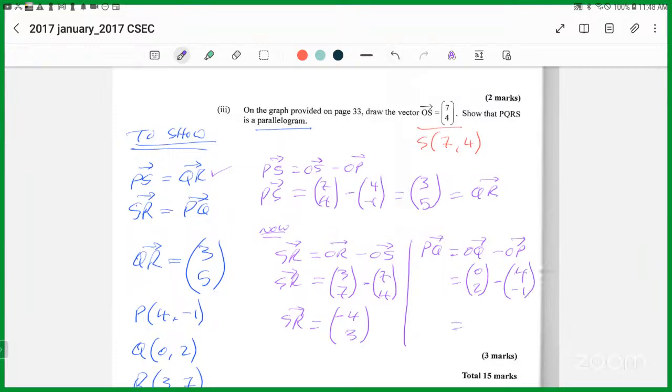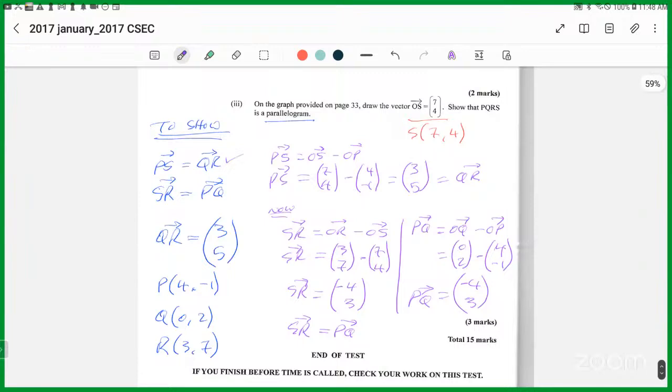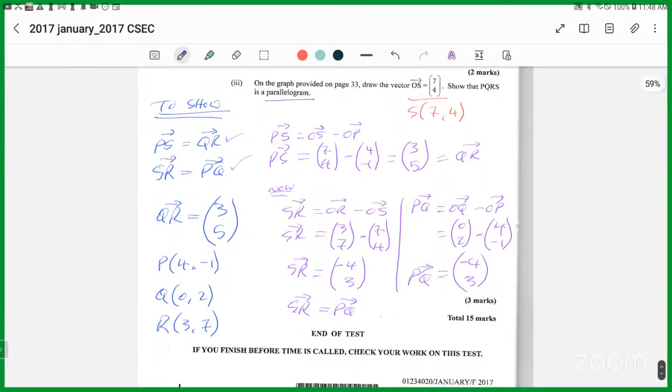And this will equal to -4, and as minus becomes a plus, 2 plus 1 is 3. And so we have a second thing. Look at it: the SR is equal to the PQ. SR is equal to PQ, and therefore shown. This is true, therefore shown.